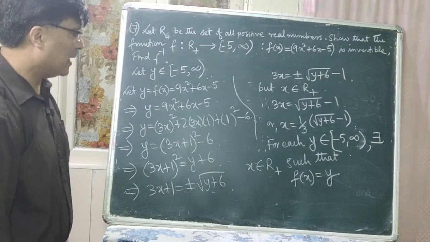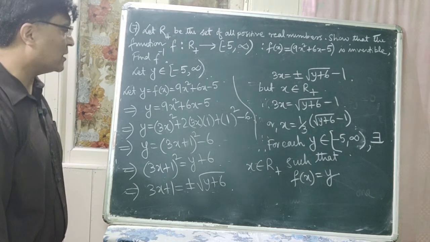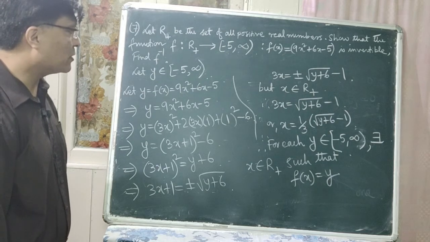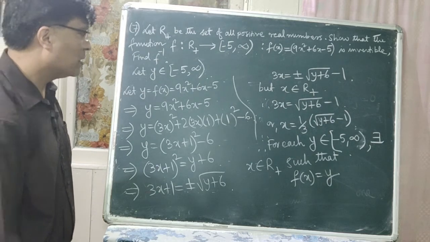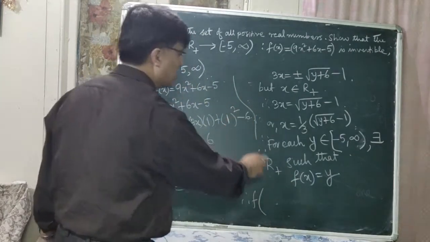There exists x belongs to R positive such that f of x is equal to y. So I think you have understood it. Okay. So now therefore f of within bracket, what is x here?